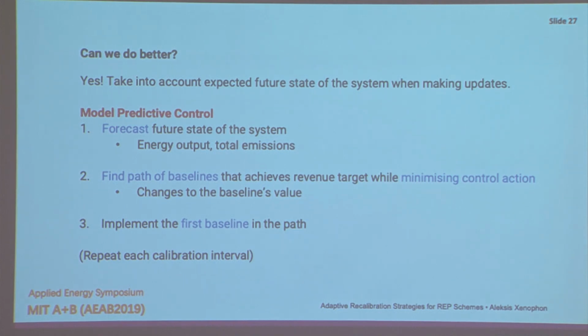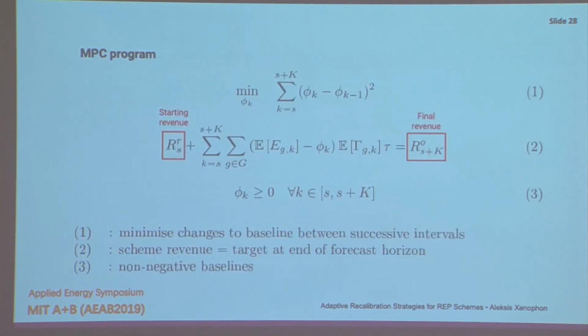So this is like a standard framework for a model predictive controller. Okay, so this is the program. I just want to give you the intuition of these different components. The objective function is just trying to penalize deviations in the baseline between successive calibration intervals.